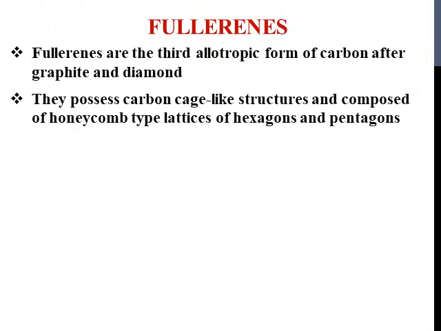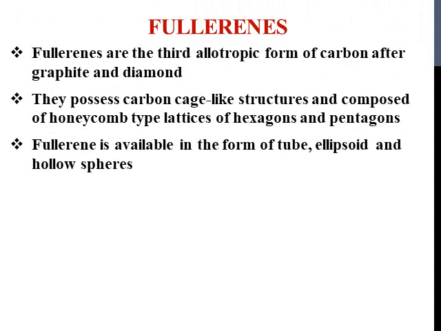They possess carbon cage-like structures composed of honeycomb type lattices of hexagons and pentagons. These fullerenes are available in the form of a tube, or maybe an ellipsoid, or maybe hollow spheres.